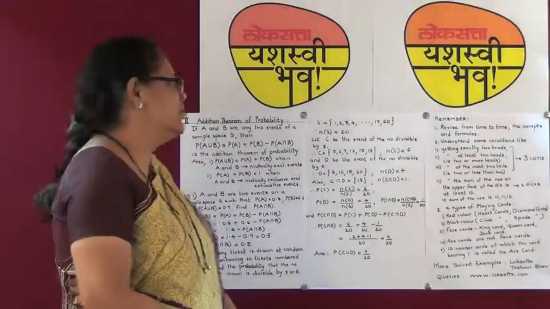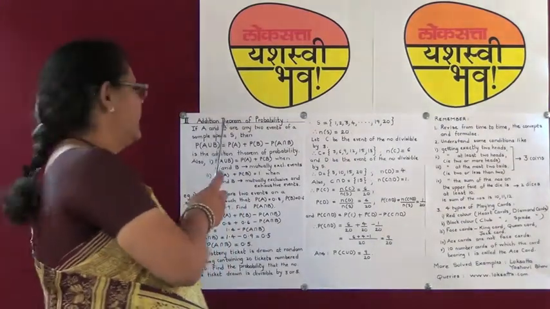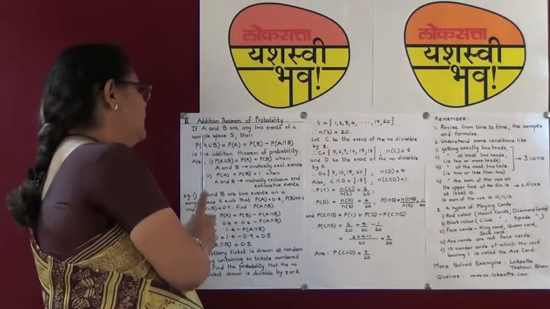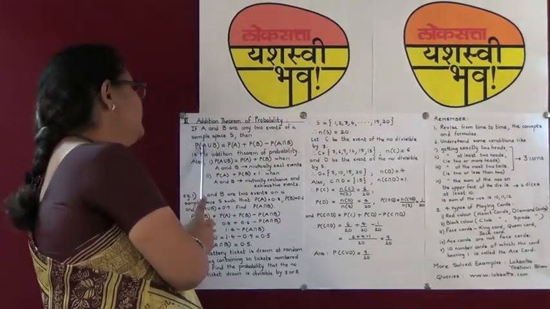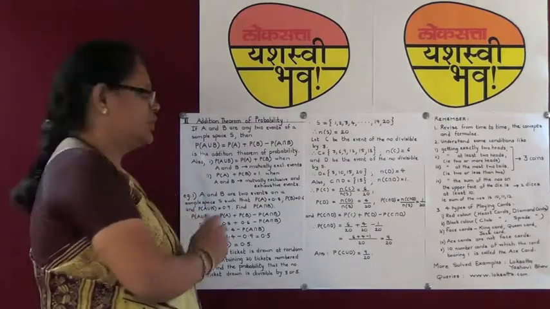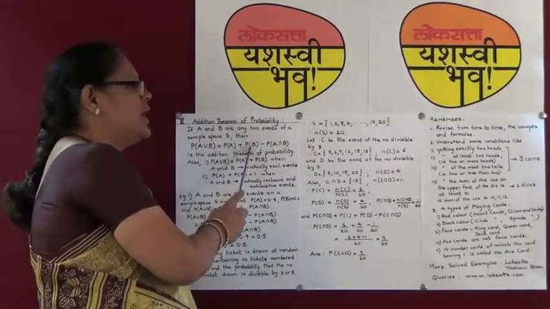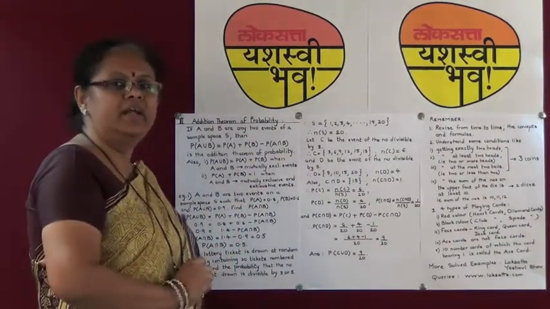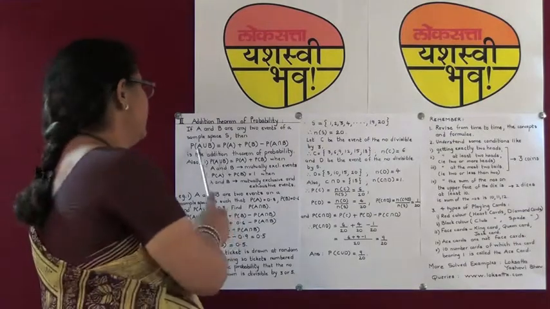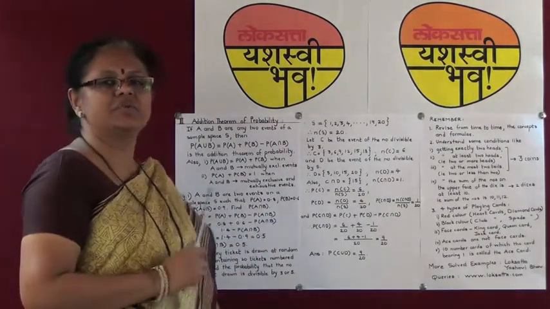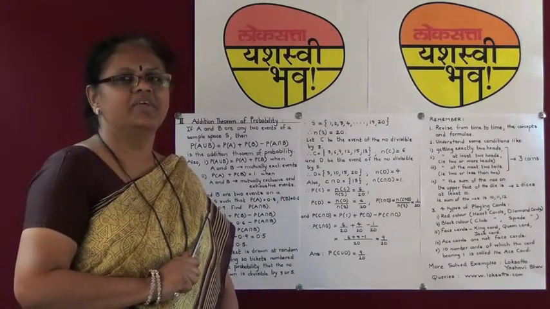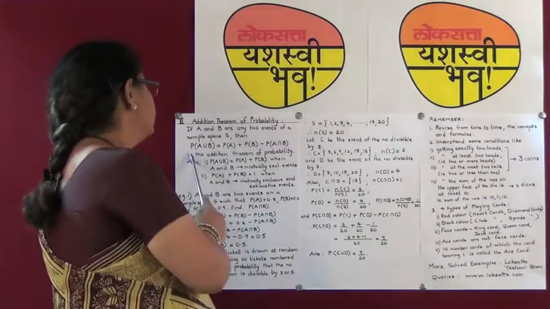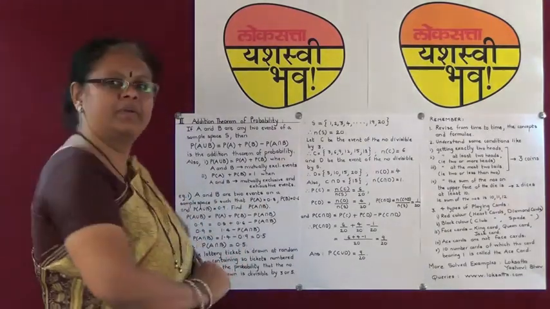While seeing the addition theorem of probability, we have to say if A and B are any two events of a sample space S, then the probability of the union of events A and B is equal to the probability of event A plus the probability of event B minus the probability of A intersection B. Students, when you see this formula, you must immediately recollect the theorem related to chapter 1, Sets, of standard 9. This is called the addition theorem of probability.